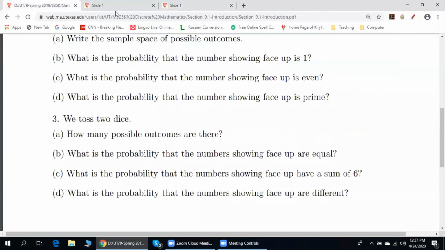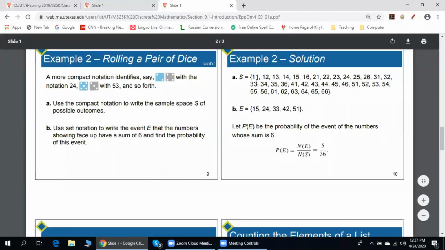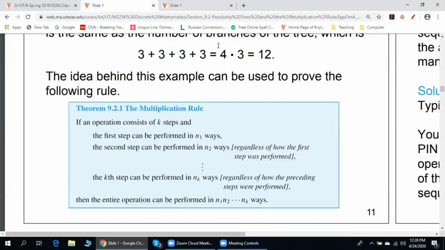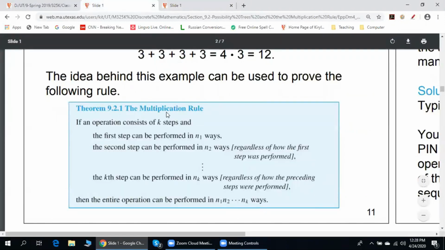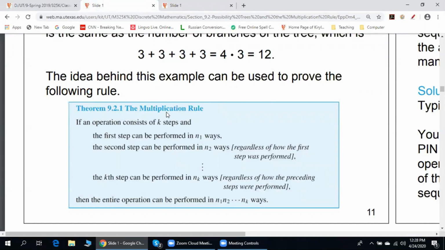Note that in order to find the number of elements, either we list all elements or we simply use the multiplication rule. Operation number 1 can be performed in 6 ways. Operation number 2 can be performed in 6 ways. So the entire operation can be performed in 6 times 6 ways.